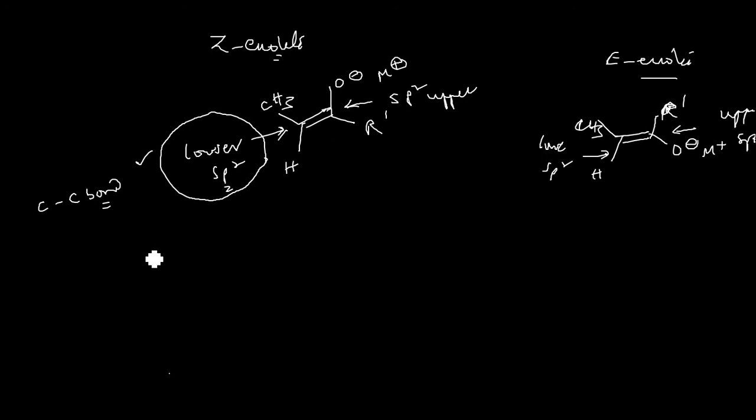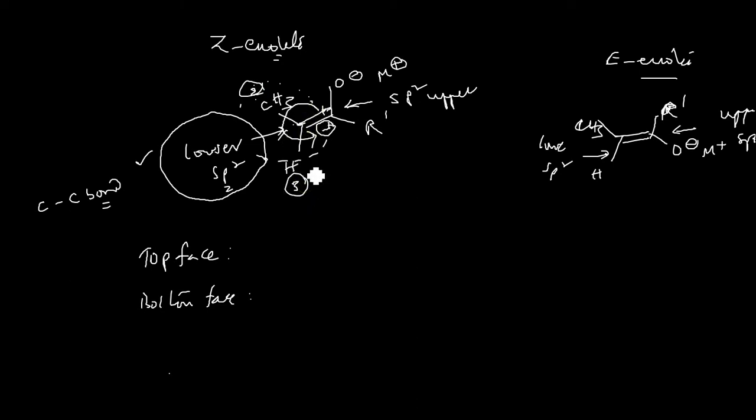So that means you can observe two different types of faces, one is the top face and one more is the bottom face, right? Consider this sp2 center only. So give the priorities according to the CIP rule. So this top one will get first priority, methyl gets second priority, and this one is third priority. This is very important. So if we are observing from the top face, it is anti-clockwise, so the top face is called Si face. Of course the bottom face is opposite, that is Re face.